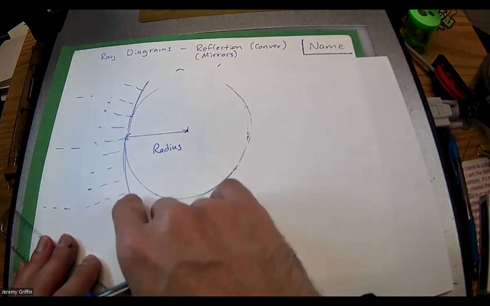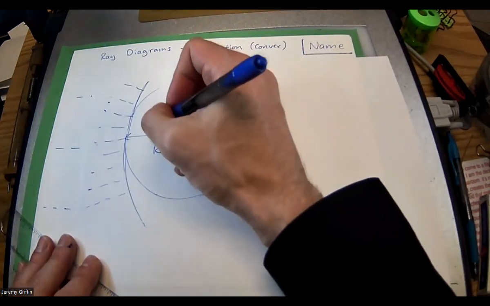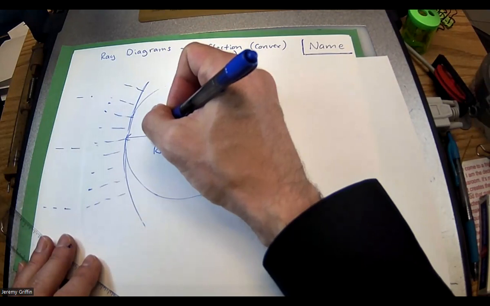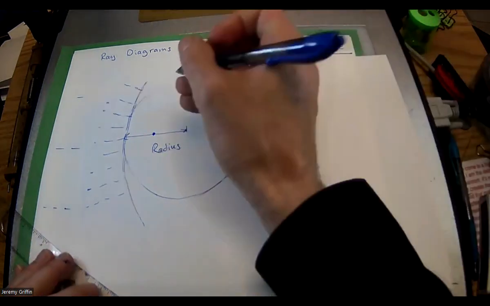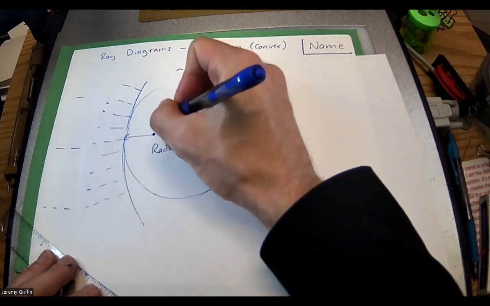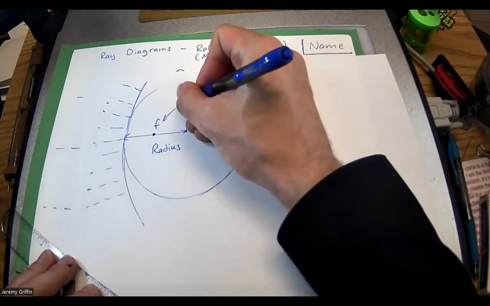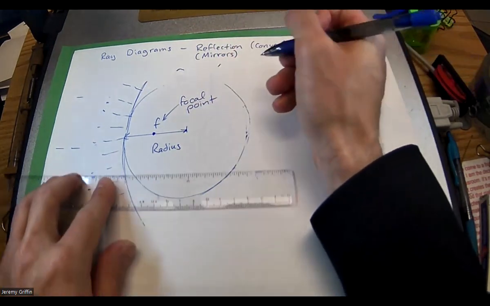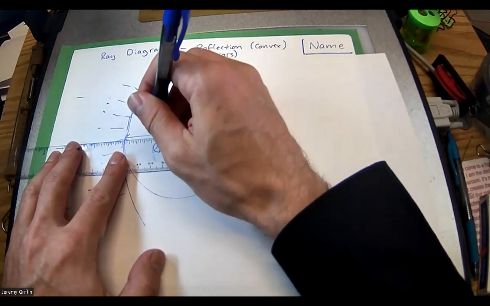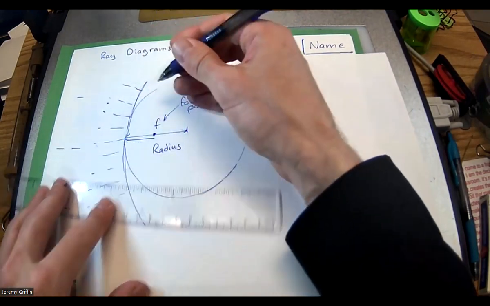Well, we need something called a focal point. The focal point is always halfway between the surface and the actual radius of the sphere that would fit flush to the parabolic surface. Okay? So I'll label that F for focal point. It's going to help us make these ray diagrams. Later on, I'm also going to break out an equation that deals with the location of the focal point.